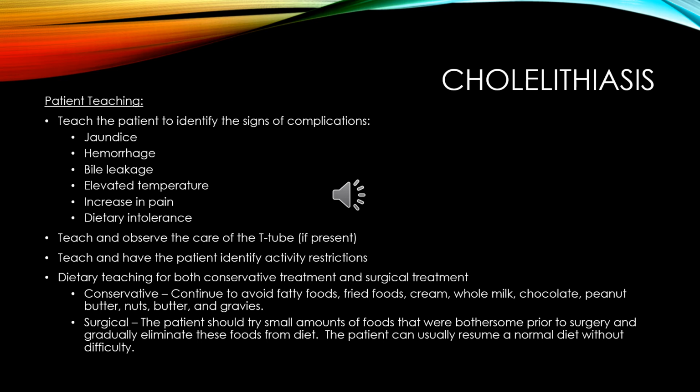But if you had surgical treatment of your cholelithiasis, then you should be able to start trying small amounts of the foods that used to be bothersome to you before the surgery, and you can teach them that they can normally go back to a normal diet without any difficulty, but it would just need to be probably at a gradual pace.